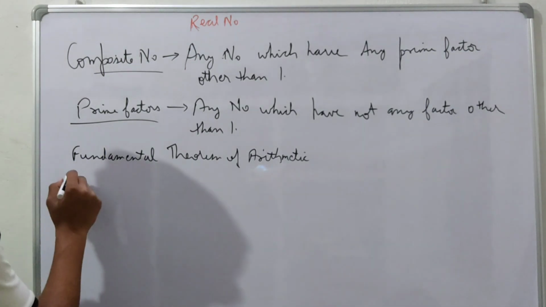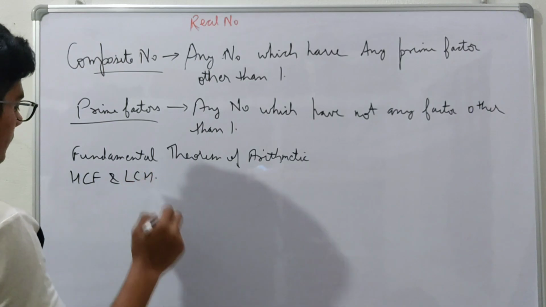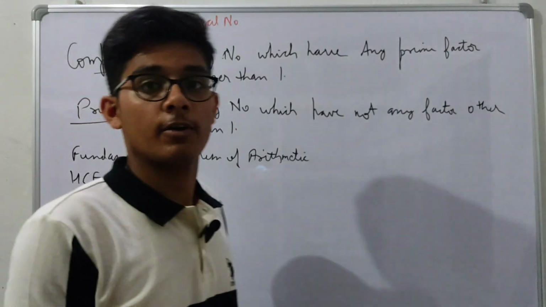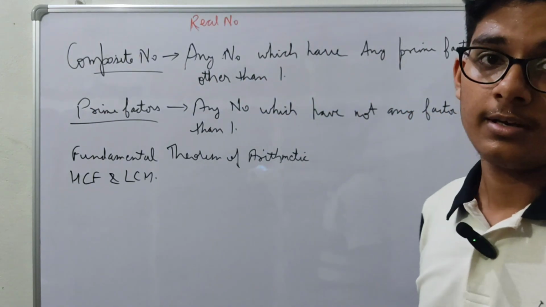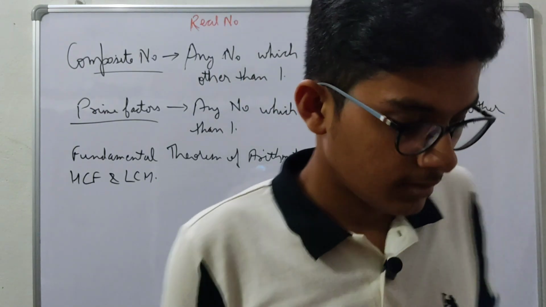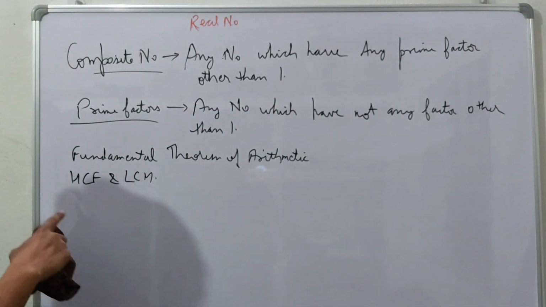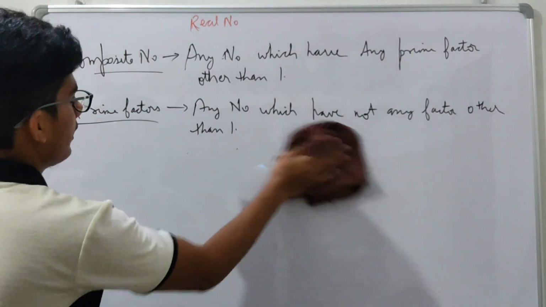The first application is HCF and LCM. So how can we find the HCF and LCM by the prime factorization method? I think you have read it in class 9, but I will recall it for you here.